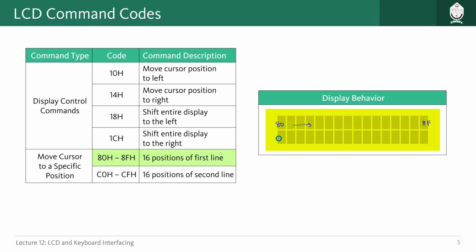And here this starts from C0 and goes up to CF. So if you give this command and then write something, let's say 80, 81, 82, 83, 84, if I give command 84 first, then write a character, that character will be shown here. In this way we can change the position where we want to write something. We will see that in the example code and try to understand it.